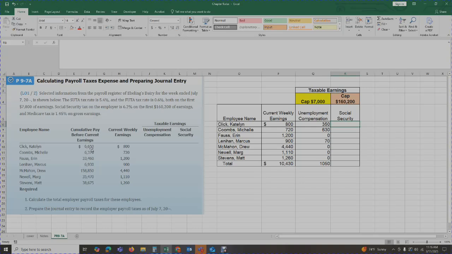So that means that the entire $800 that Caitlin earned this week is subject to Social Security taxes. Everything that she earned is going to be taxed because she's only earned $6,000. The cap is $160,000, so everything that she earns until she reaches that point will be taxable.